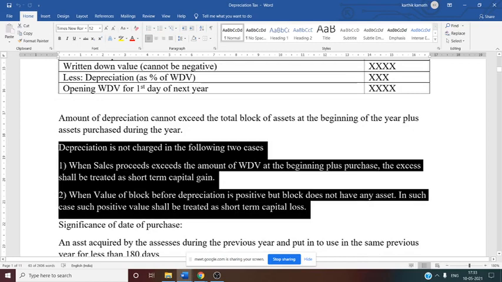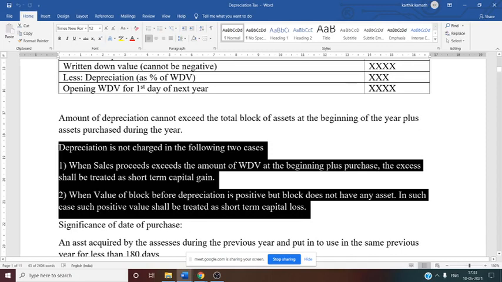Now we are talking about sales proceeds. Sales proceeds means this amount. If it exceeds the written down value plus purchases, that means 1 plus 2, if 4 is more than 1 plus 2, then in that case there is a capital gain.